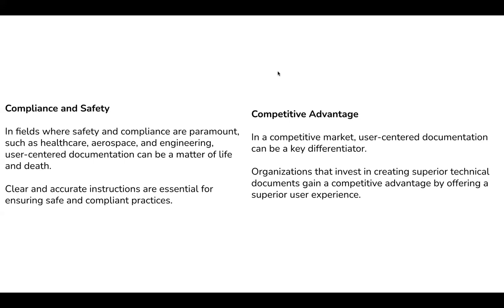The ordered list is used if you are to make steps, if it is about steps you have to follow in a specific order, it should be numbered, number one, number two, and so on.